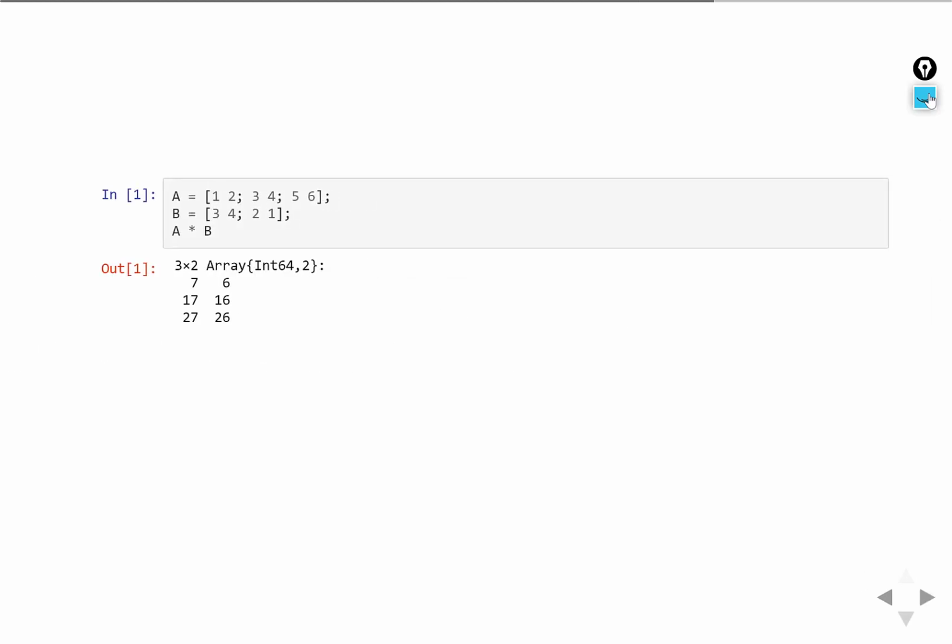If we add them, we see that this is the same as A times B. Let's try this in Julia and verify our hand calculations. We define matrix A, we define matrix B, and we compute A times B, which is a 3 by 2 matrix.